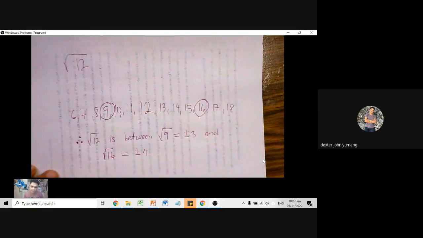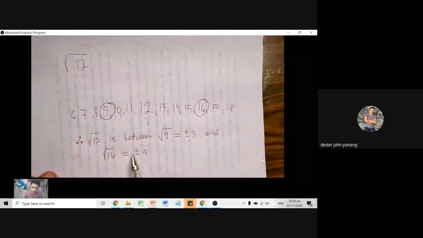And that is now the answer. Again, square root ng 9 is plus minus 3, tama? And square root of 16, which is plus minus 4. Yan po ang sagot.